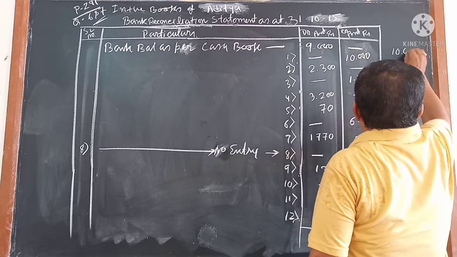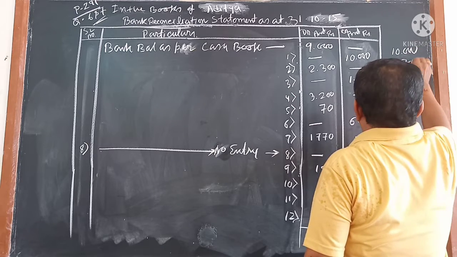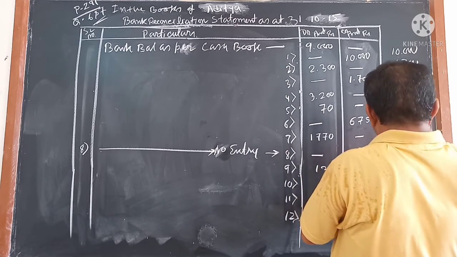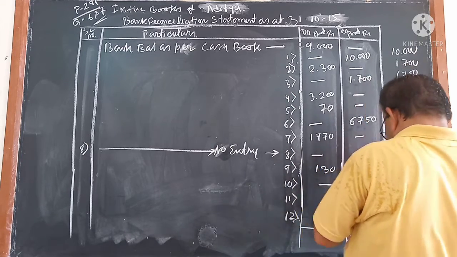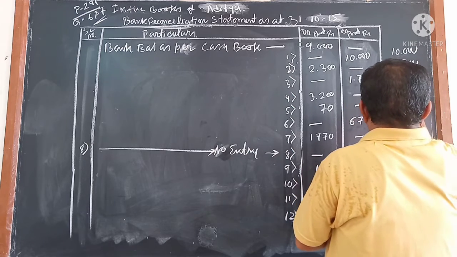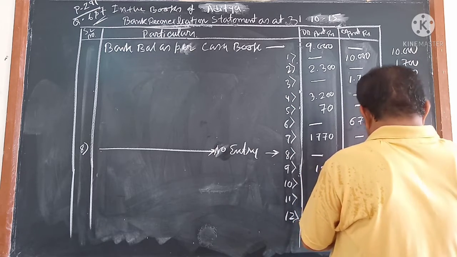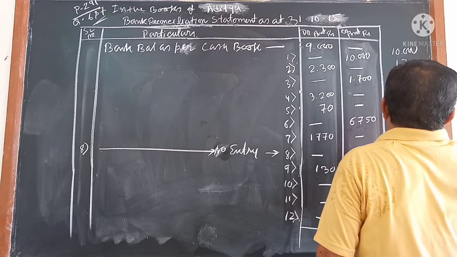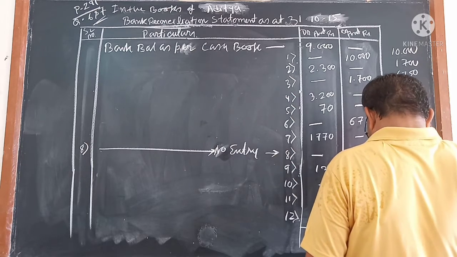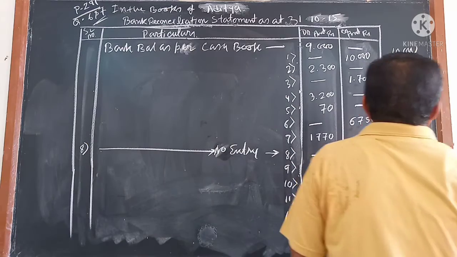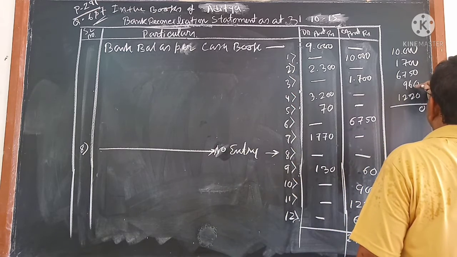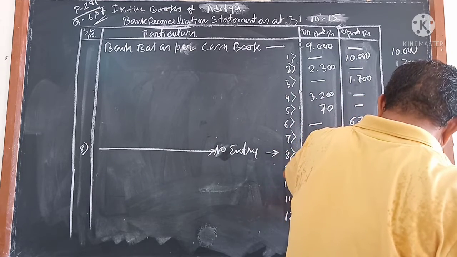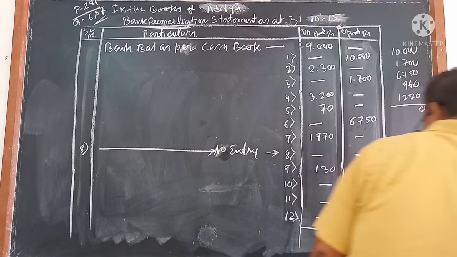Let me write it here so that I can understand. 1,700, 6,750. This is 960 exactly, right? 960, and this is 1,220, and this is nothing else. This is coming 6 for 8, 13. Second, 6, 5, that was also a mistake.